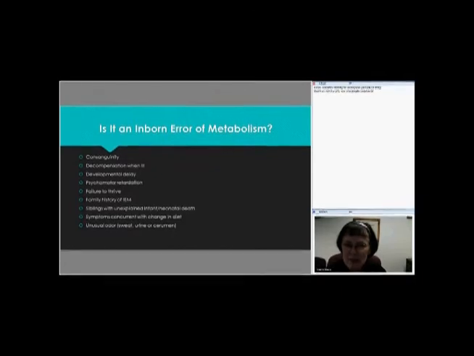You may end up with more than that, for sure. If they decompensate when they're ill, in other words, they don't get better as fast as other people do. We've already talked about developmental delay, psychomotor retardation, and failure to thrive. If there's a family history of this, certainly you need to be alert about whether this child has it or not, and if the siblings have died for unknown reasons.